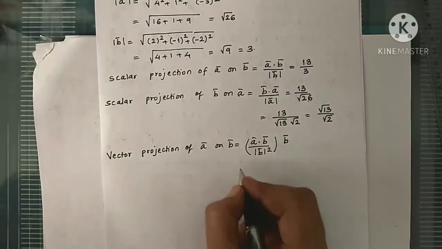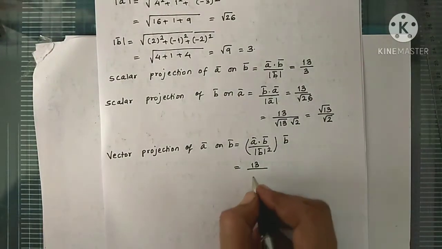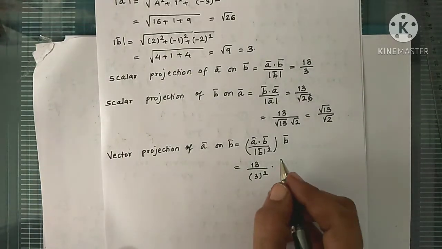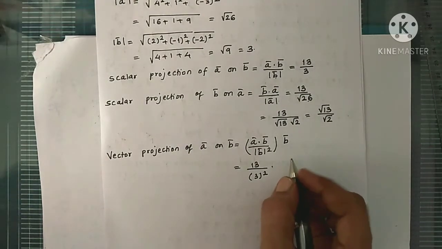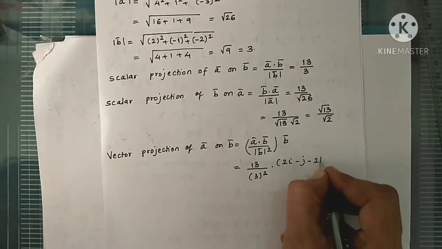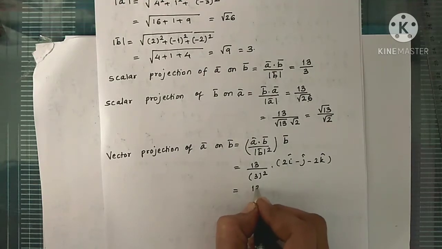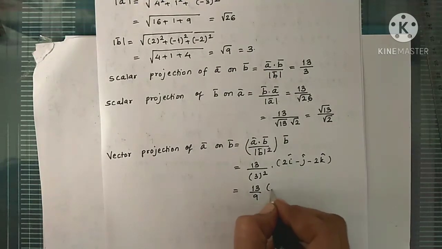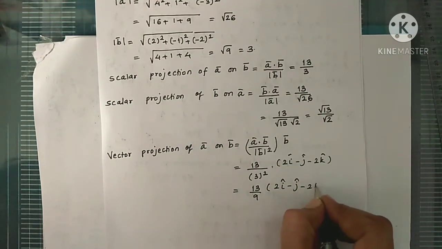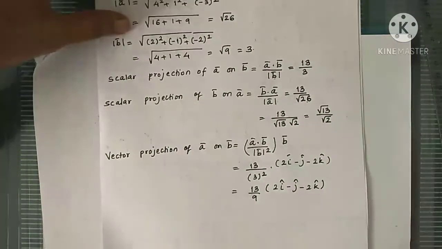So that is a bar dot b bar is 13, modulus of b bar, that is 3 square, into b bar. B bar is 2i minus j minus 2k. So that will be 13 divided by 9, 2i cap minus j cap minus 2k cap. This is vector projection of a bar on b bar.